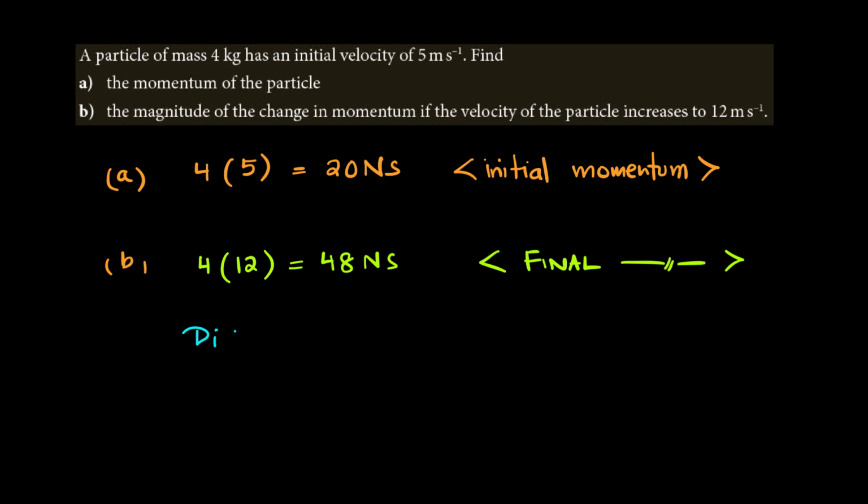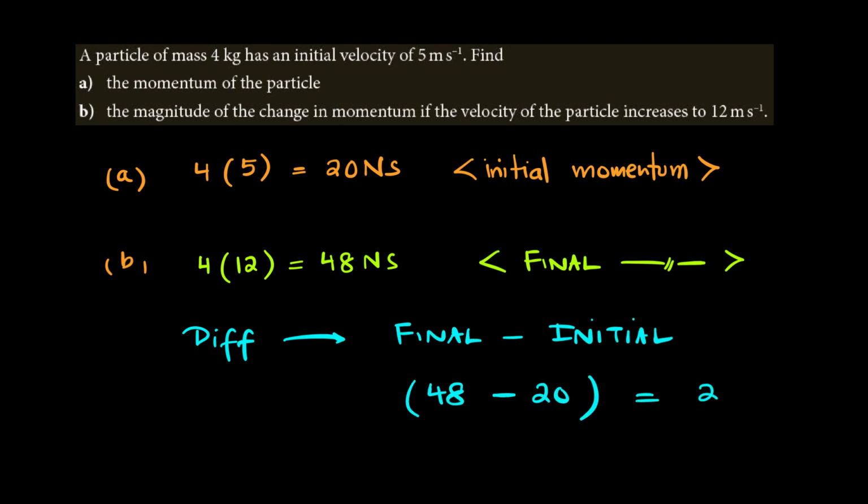What is the difference? The difference is the final momentum minus the initial momentum. The final momentum is more, and that is 48. Initial momentum is 20. The difference is 28. The magnitude is still 28, and that's the answer for this particular part.